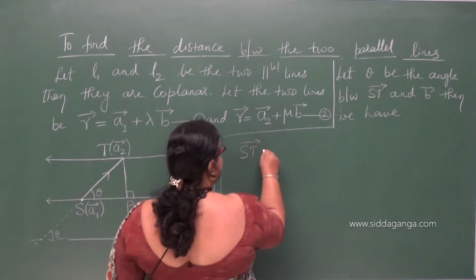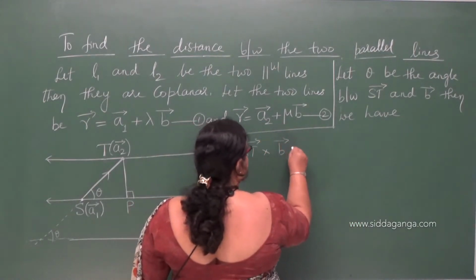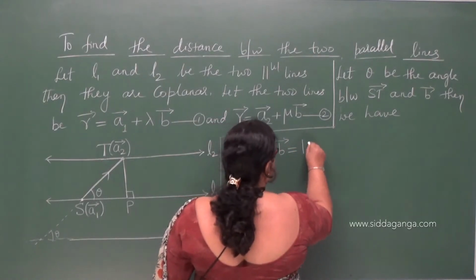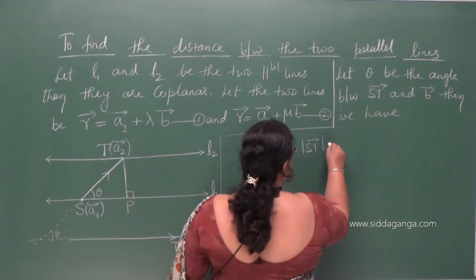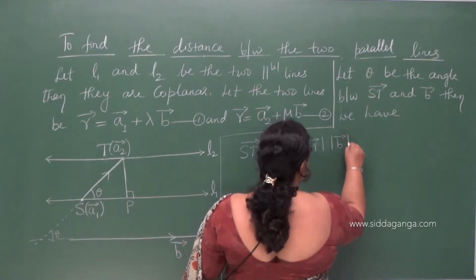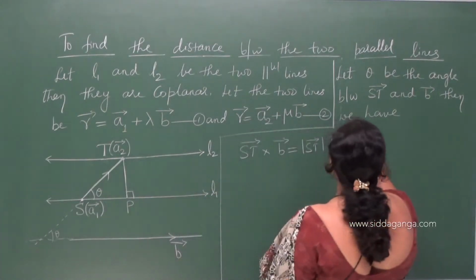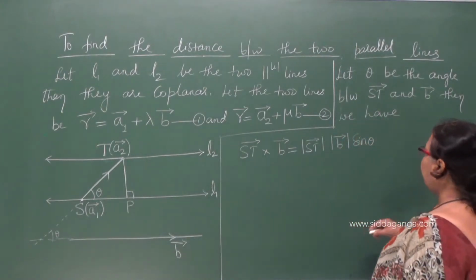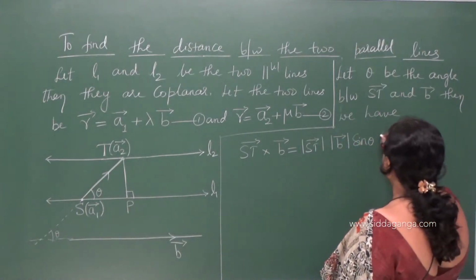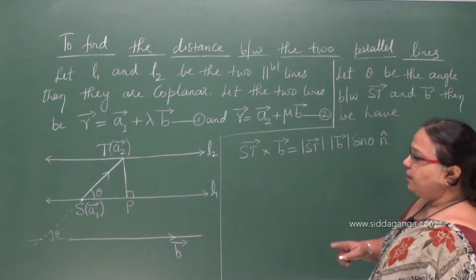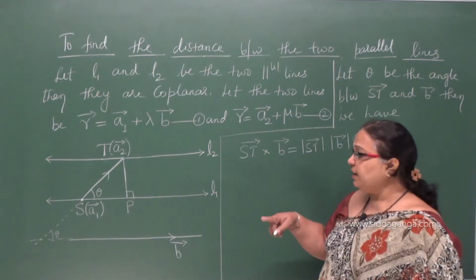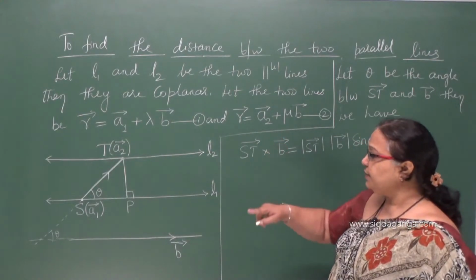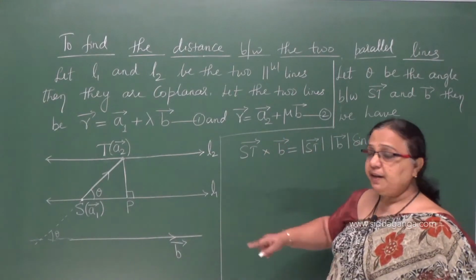Vector ST cross vector b is equal to magnitude of vector ST into magnitude of vector b into the sine of the angle between those two vectors and n cap, the unit vector perpendicular to both ST and vector b.